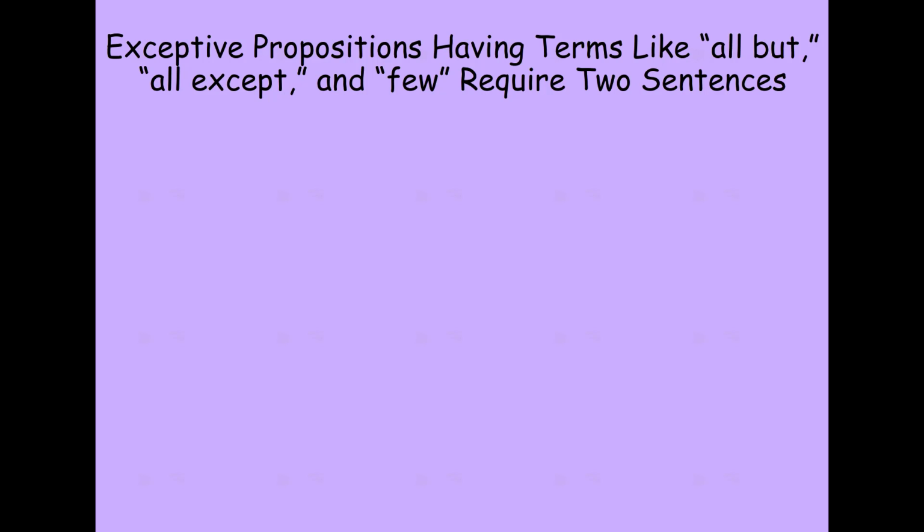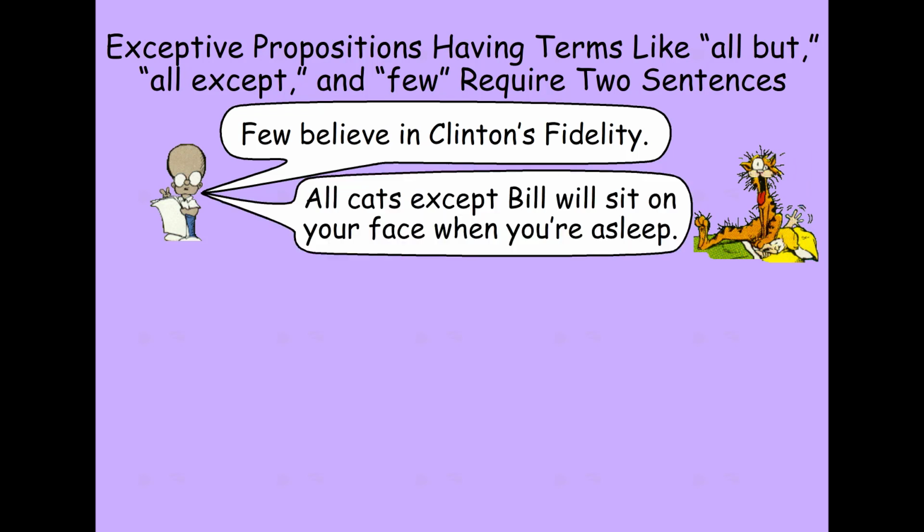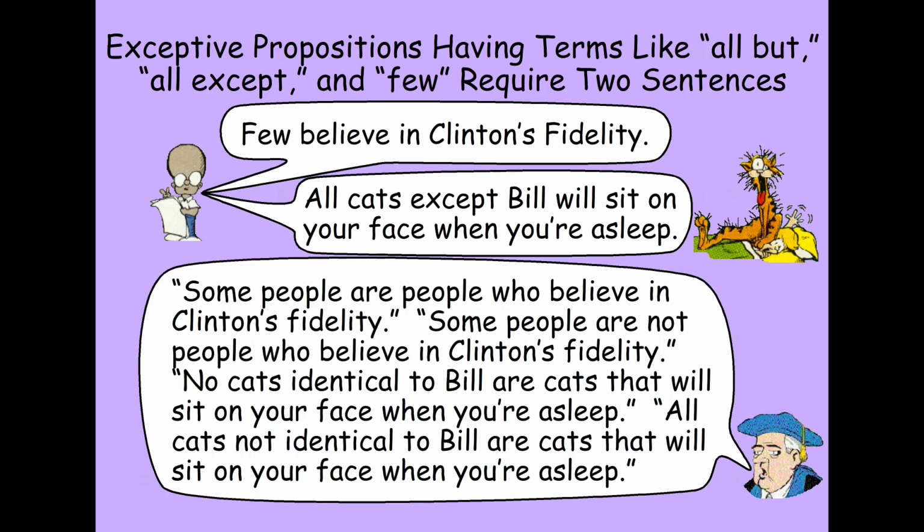So for instance, few believe in Clinton's fidelity. All cats except Bill will sit on your face when you're asleep. So again, we're going to use two sentences to translate these.